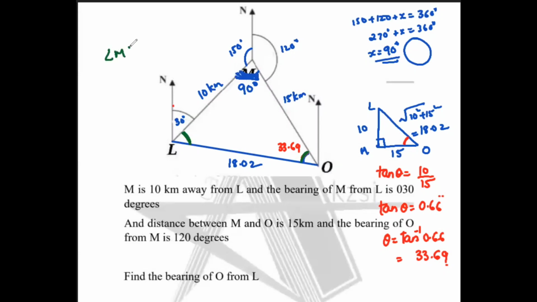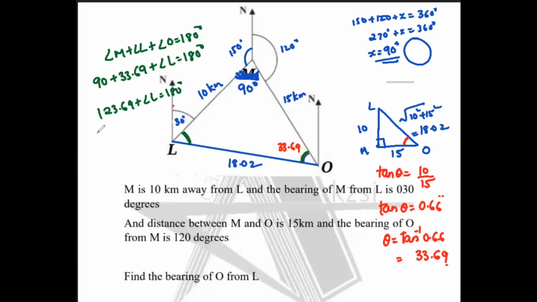So angle M plus angle L plus angle O equals 180 degrees. 90 plus 33.69 plus angle L equals 180 degrees. So this will be 123.69 plus angle L equals 180, and angle L is finally 180 minus 123.69, which will give you 56.31.